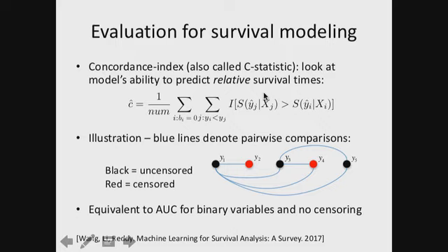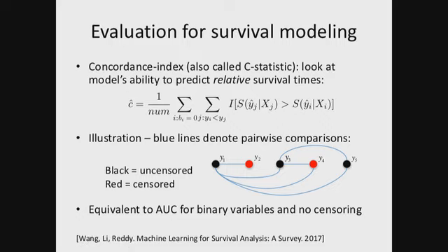And it has a very intuitive definition. It sums over pairs of data points that can be compared to one another. And it says, what is the likelihood of the event happening for an event that occurs before another event?